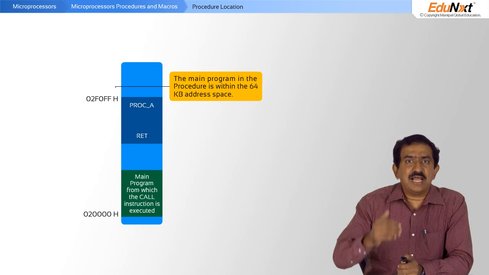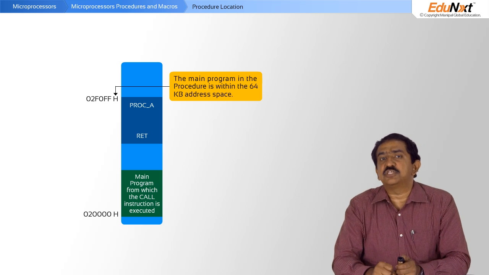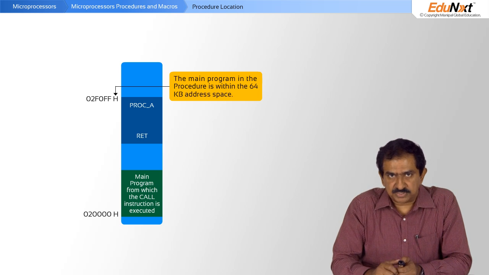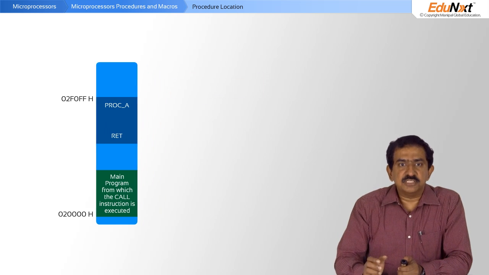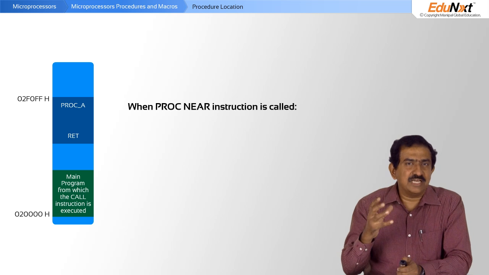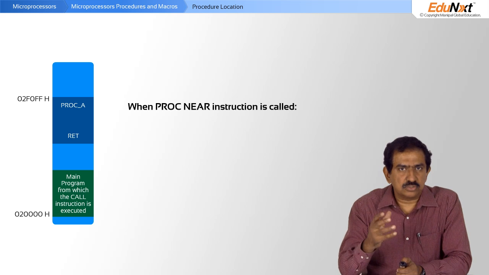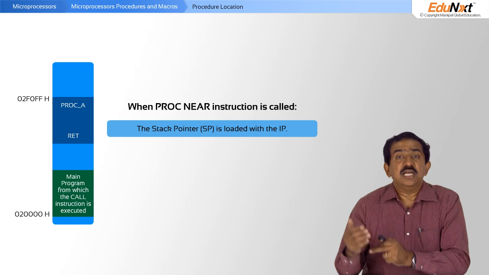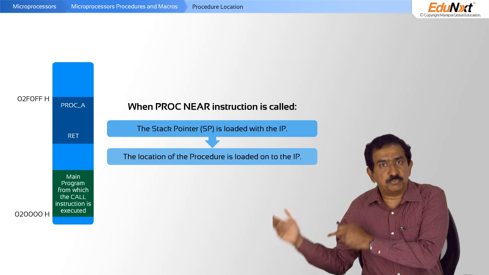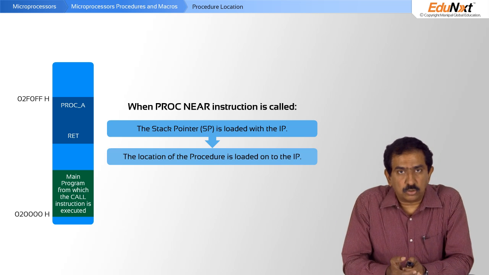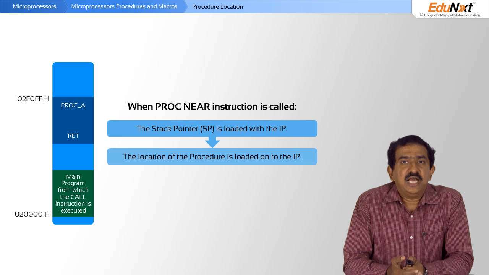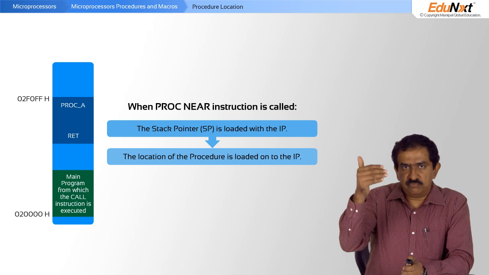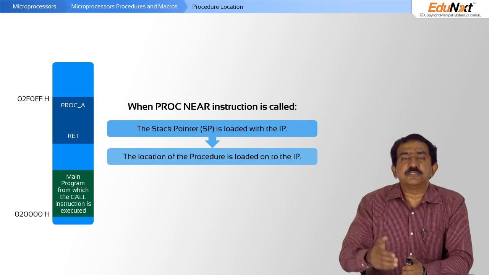The main program and the procedure are within the same 64 kilobyte address space. What happens is that as soon as you get this procedure near call, so it's proc near, the stack is loaded with the instruction pointer, the location of the procedure is now loaded onto the instruction pointer, and life goes on. When it hits the return, it pops it back off the stack.